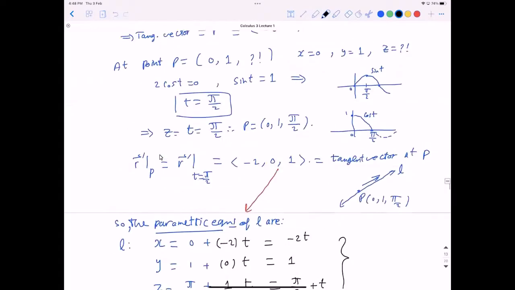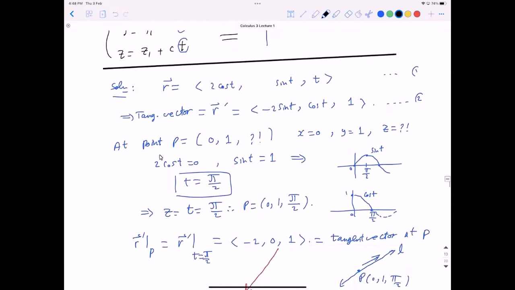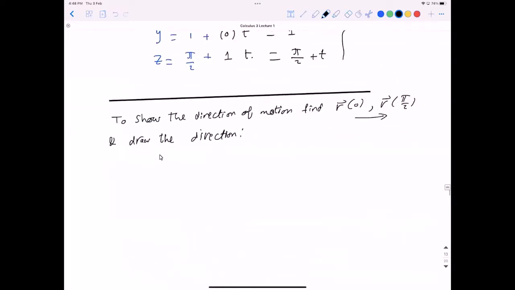Where is r? r is 2 cosine t, sine t, and t. So we have r of 0: cosine 0 is 1, sine 0 is 0, and this is 0.